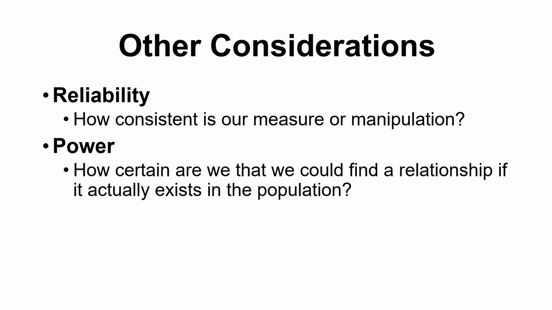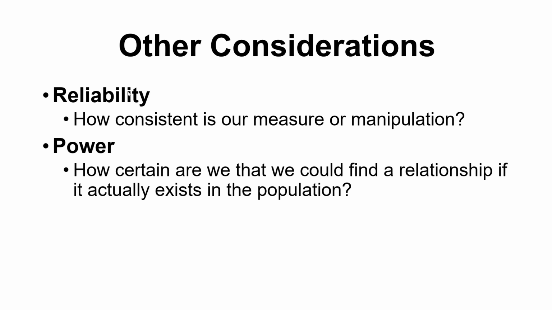We aren't sure that not finding the relationship actually tells us anything about this situation. So having high power is usually really important because if we find something, then great, we found it. If we don't find it, then we would say that it's probably not there to be found if our power is high enough.